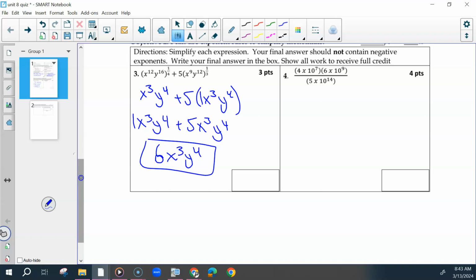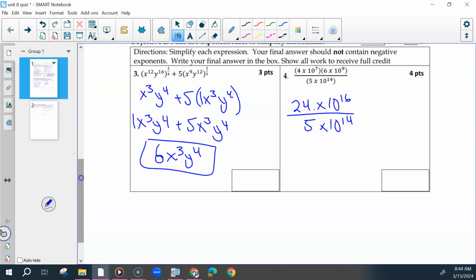Right. 4, you should have recognized the x's to be scientific notation. So we are multiplying the 4 and the 6 together, and then adding the exponents, since these are like bases. But when you get here, this is not an actual scientific notation, so we have to rewrite this.